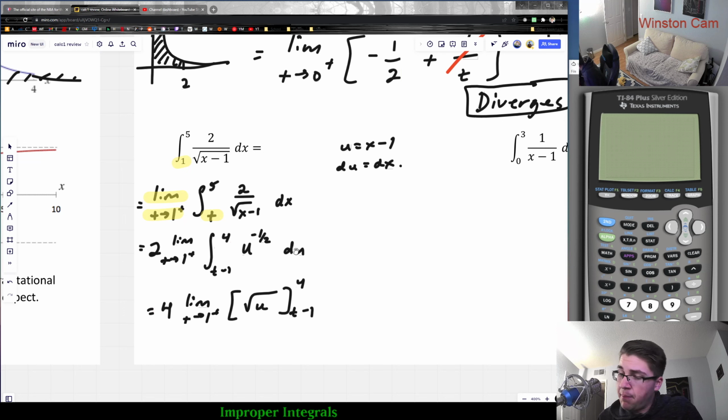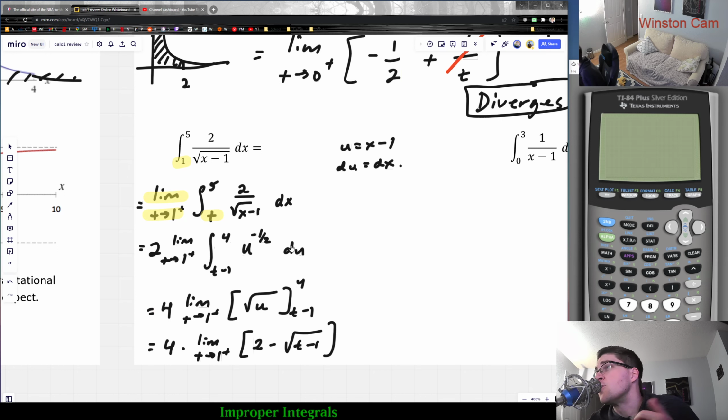Now, plugging in my boundaries so I can figure out my limit, I'm left with 2 times the limit as t approaches 1 from the right of the square root of 4, which is of course 2, minus the square root of t minus 1.